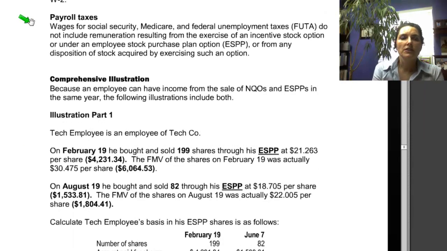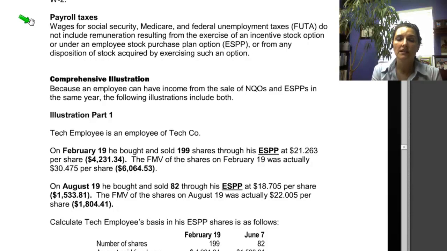Payroll taxes. Wages for Social Security, Medicare, and federal unemployment taxes do not include remuneration resulting from the exercise of an incentive stock option under an employee stock purchase plan, or from any disposition of stock acquired by exercising such an option. So what this is saying is that for ESPPs, there's no Social Security or Medicare tax due on that spread or benefit that the employee is receiving.